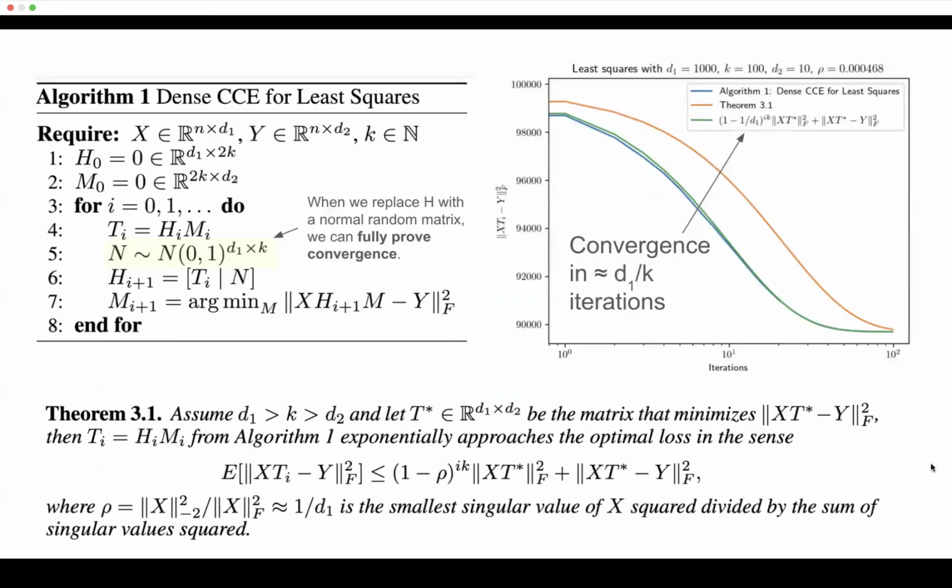So we weren't completely smart enough to analyze that version of the algorithm. We had to analyze a slightly different version where, instead of using a random hash function in this H matrix, we just use normally distributed random values.